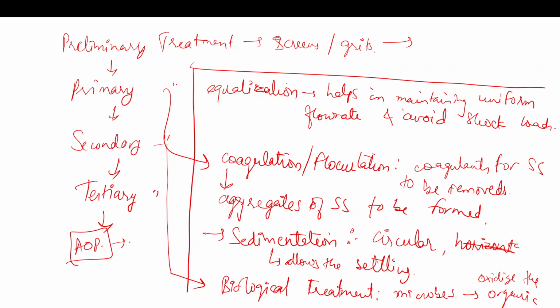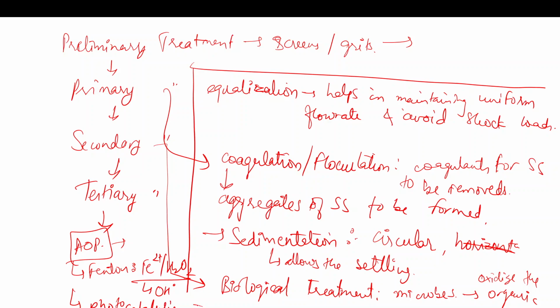In that case you might require advanced oxidation processes, which might be Fenton, where you are using Fe2+ and H2O2 for the generation of OH radical, right? Then you can use photocatalysis.